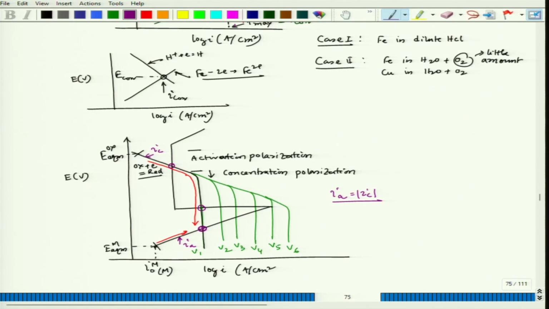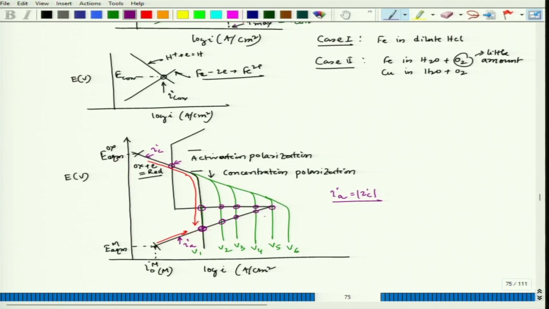Then if we keep increasing the velocity, we will keep getting 3 interaction points. Here also we are seeing 3 interaction points. This point is common, these two. Still if we increase velocity, we get 2 interaction points, and then this is one interesting point where we have 2 interactions.